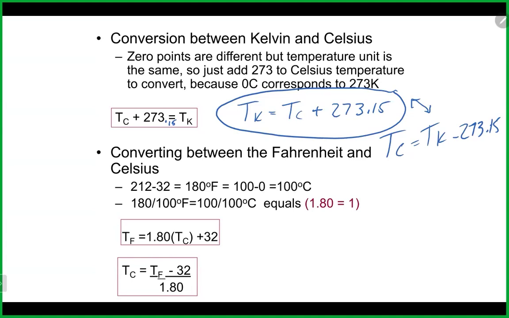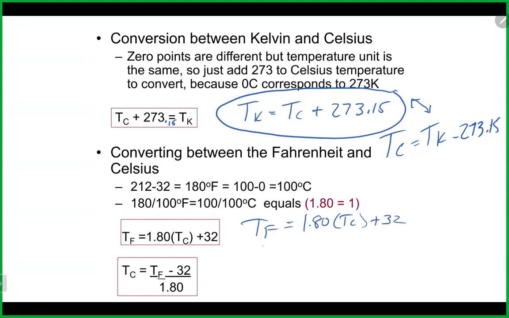So let's talk about how you go from Celsius to Fahrenheit. Temperature in Fahrenheit is equal to 1.8 times the temperature in Celsius plus 32.